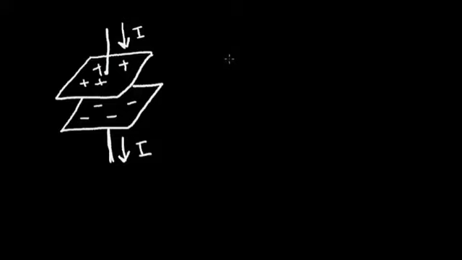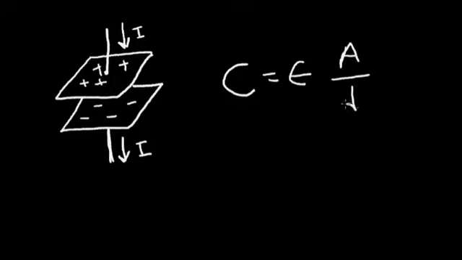There's an equation for this capacitance, or for this capacitor. C equals epsilon times the area of the plate divided by the distance between the plates. So in this case, the distance between the plates is D, and the area of the plate is A. So what is this epsilon?